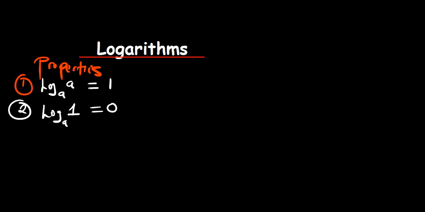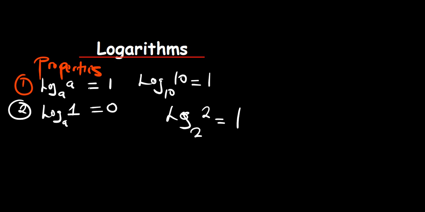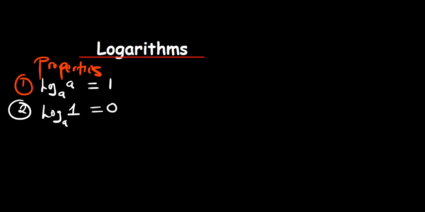Let me give an example. If I've got a log of 10 and the base is 10, this will give me a 1. If I have a log of 2 and the base 2, this will still give me a 1 according to the first rule. Then the log of 1 is just equal to 0. So that is important for us to understand.